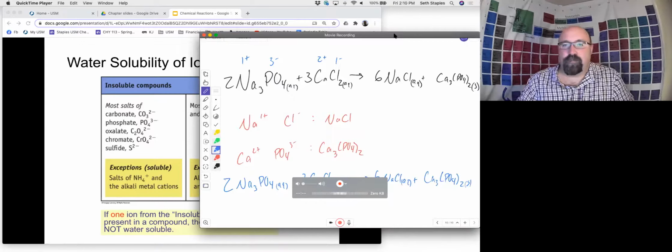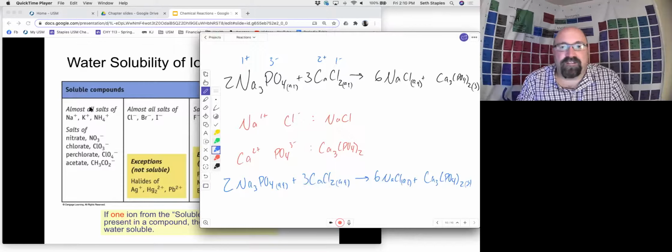So there's our fully balanced equation for our reaction between sodium phosphate and calcium chloride.